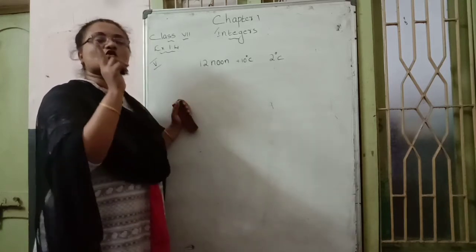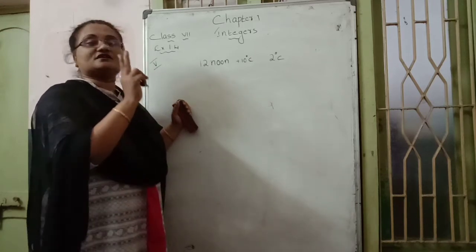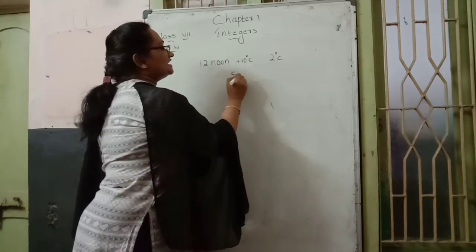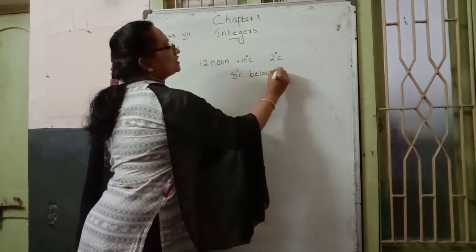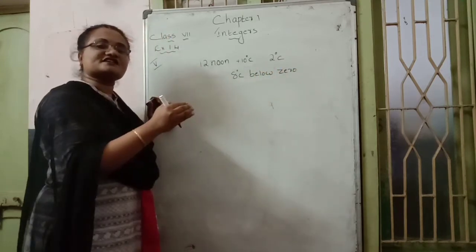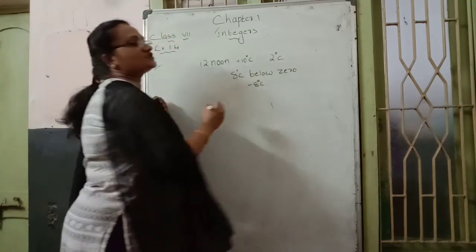In this question, two parts are there. First, at what time does the room temperature become 8 degrees Celsius below 0 degrees? Below zero represents negative, minus 8 degrees Celsius.